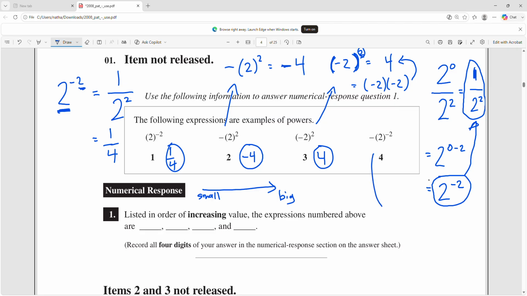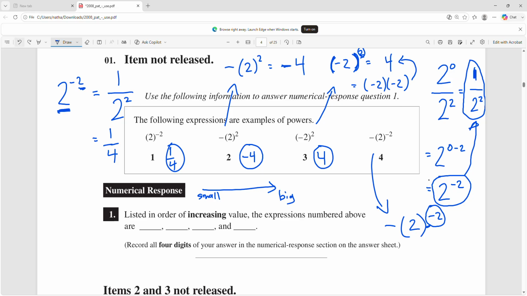Then we've got negative 2 to the negative 2. Remember, this exponent is operating on the number 2, so it has nothing to do with the negative. We're going to leave that negative alone. As we just learned, with a negative exponent we write 1 over.